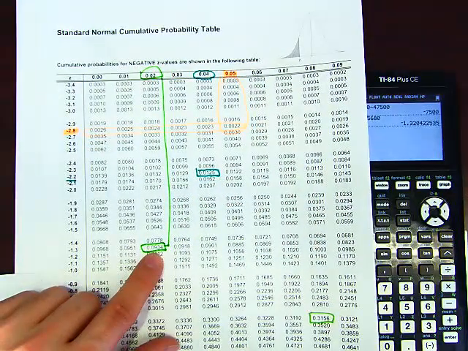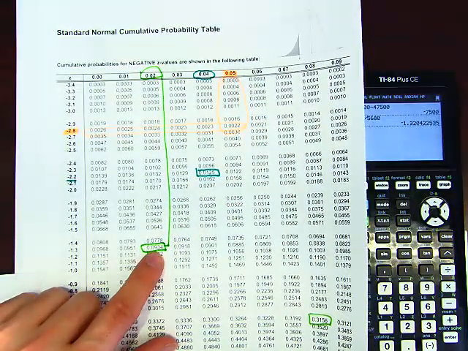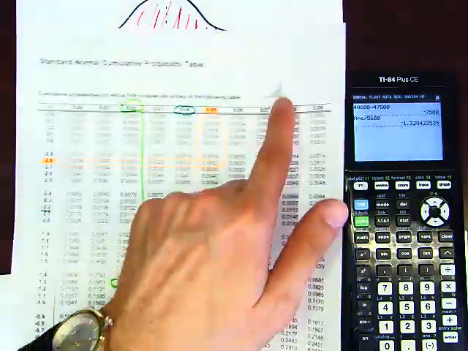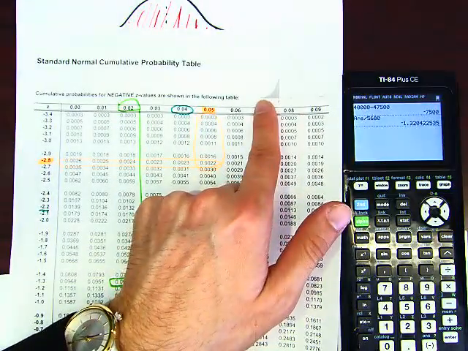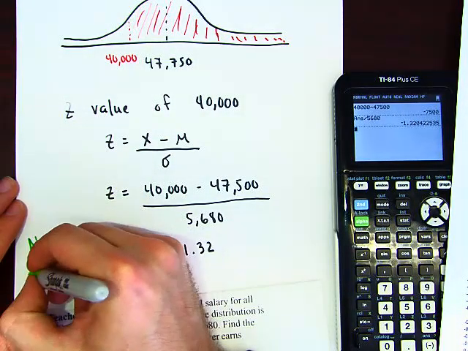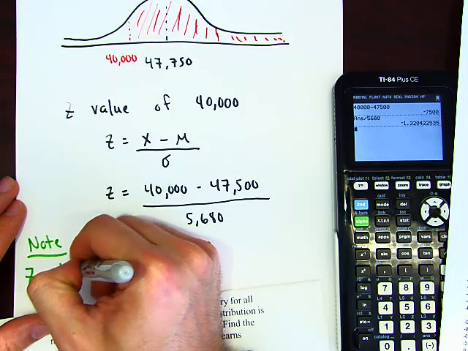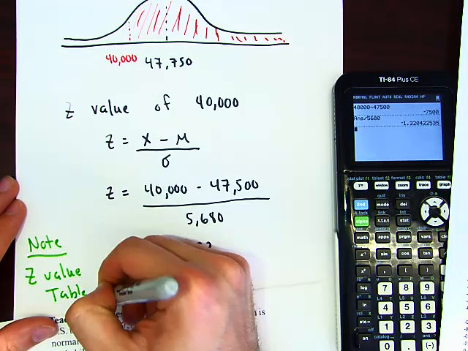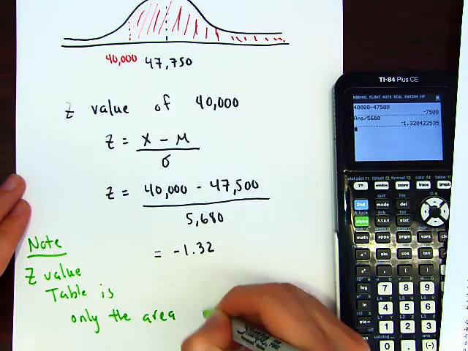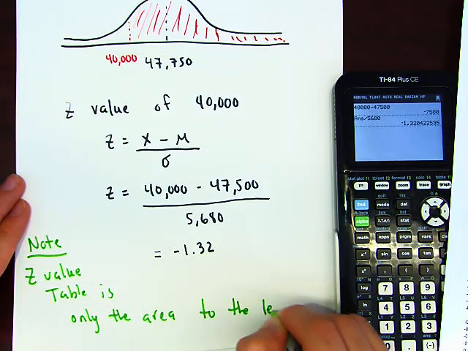And that's the probability. But notice here that when you find a z-value, you're always finding the area to the left, okay? So just note, the z-value table is only the area to the left.